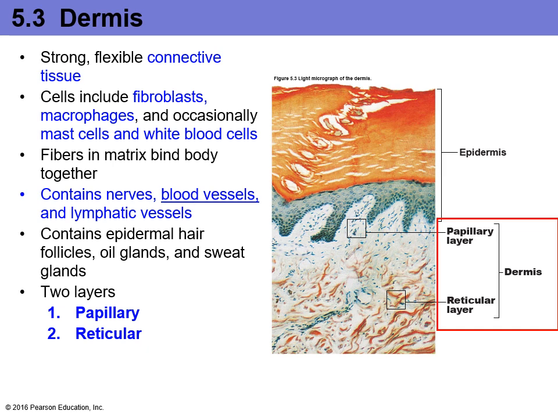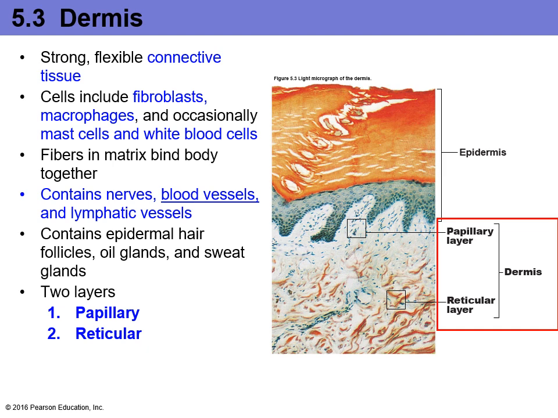You can also find the occasional mast cell, which helps us with histamine production, as well as other leukocytes or white blood cells. The connective tissue is very vascular, so we're going to have lots and lots of blood vessels, as well as nerves and lymphatic vessels. And overall, the dermis is separated into two layers.